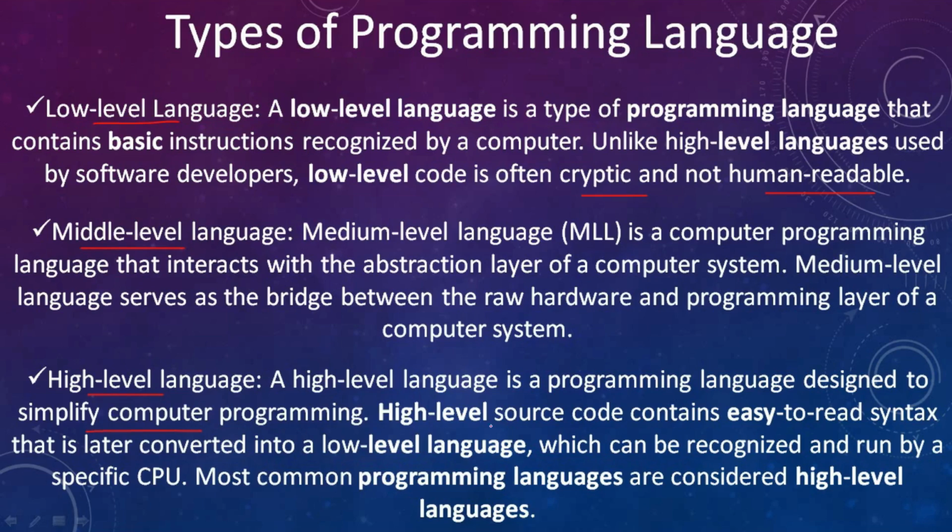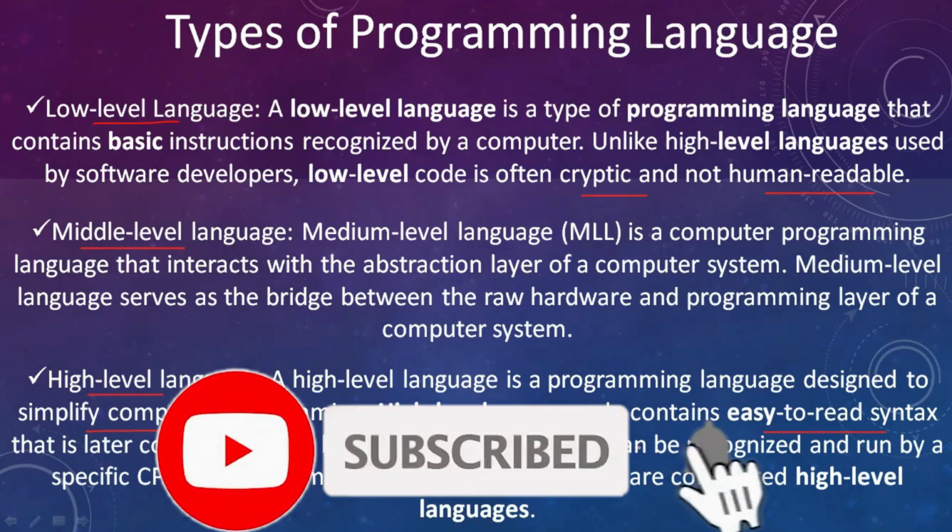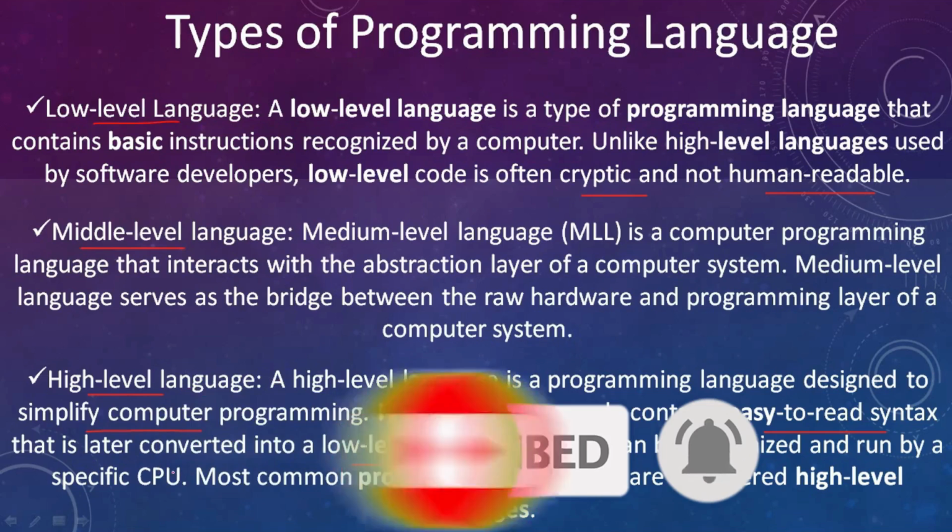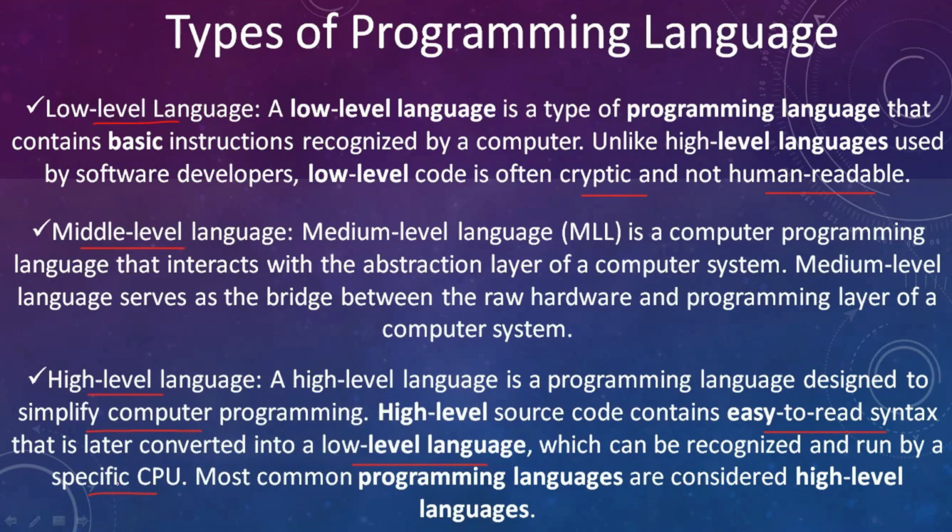High level source code contains easy to read syntax, another advantage, and is later converted to a low level language, another feature. Now this low level language can be recognized and run by a specific CPU. These are the features, and most common programming languages are considered high level languages, such as C++, Java, Python, etc.